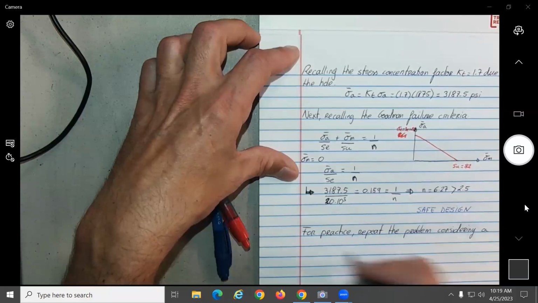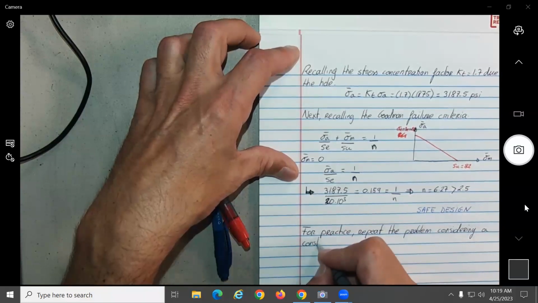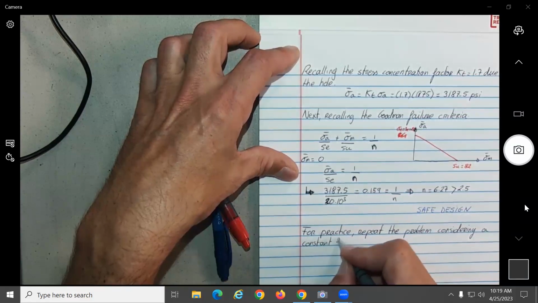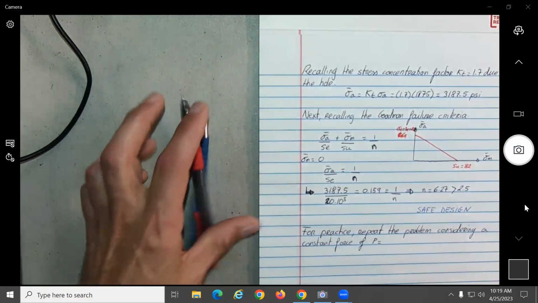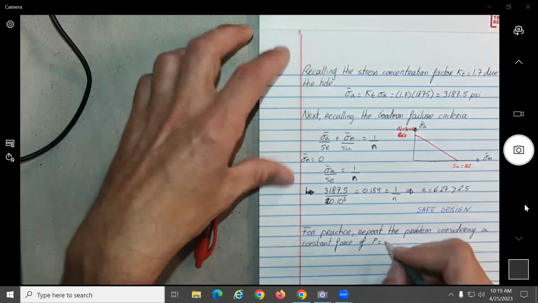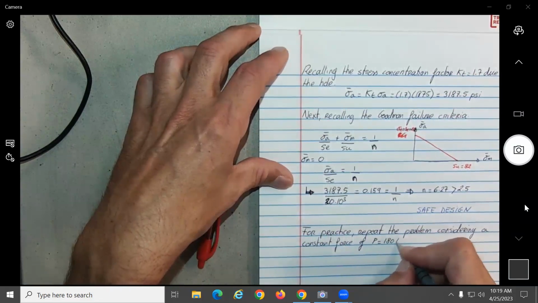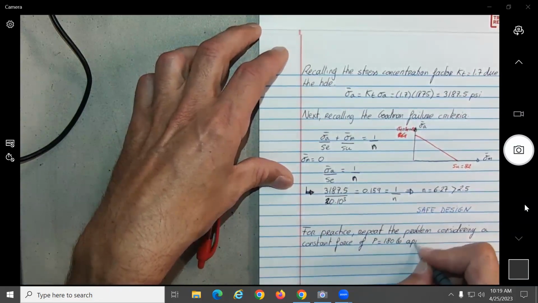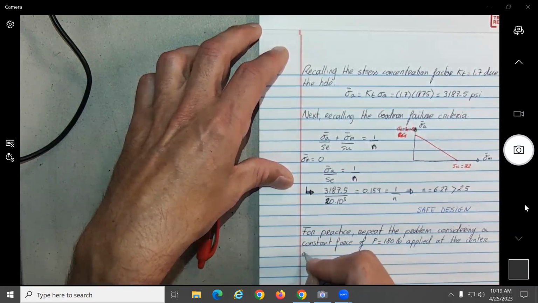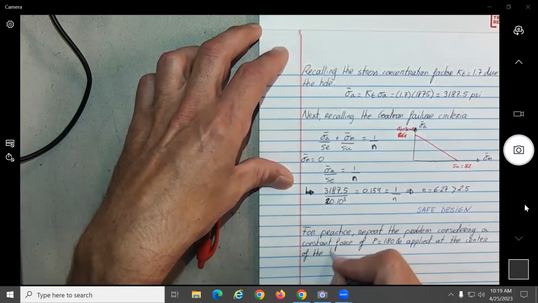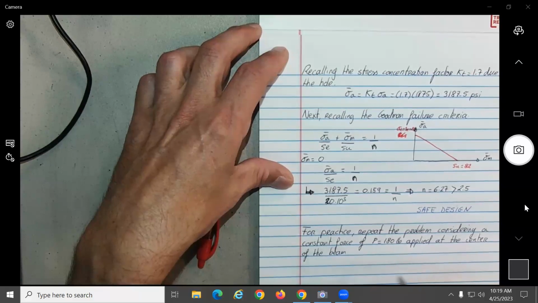Considering, let's say, a constant force of how much do you want to put? 180, okay. 180 pound applied at the center of the shaft.